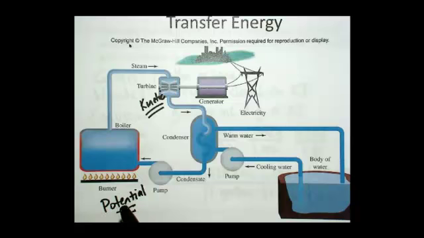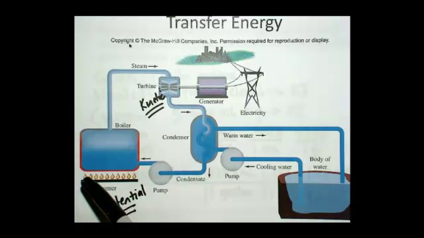In the case of fossil fuels, which is what we're really looking at in this particular unit, the fossil fuel energy is stored energy, it's potential energy, and it's in the form of chemical energy. That chemical energy is transformed into heat energy when the fossil fuel undergoes a combustion reaction.